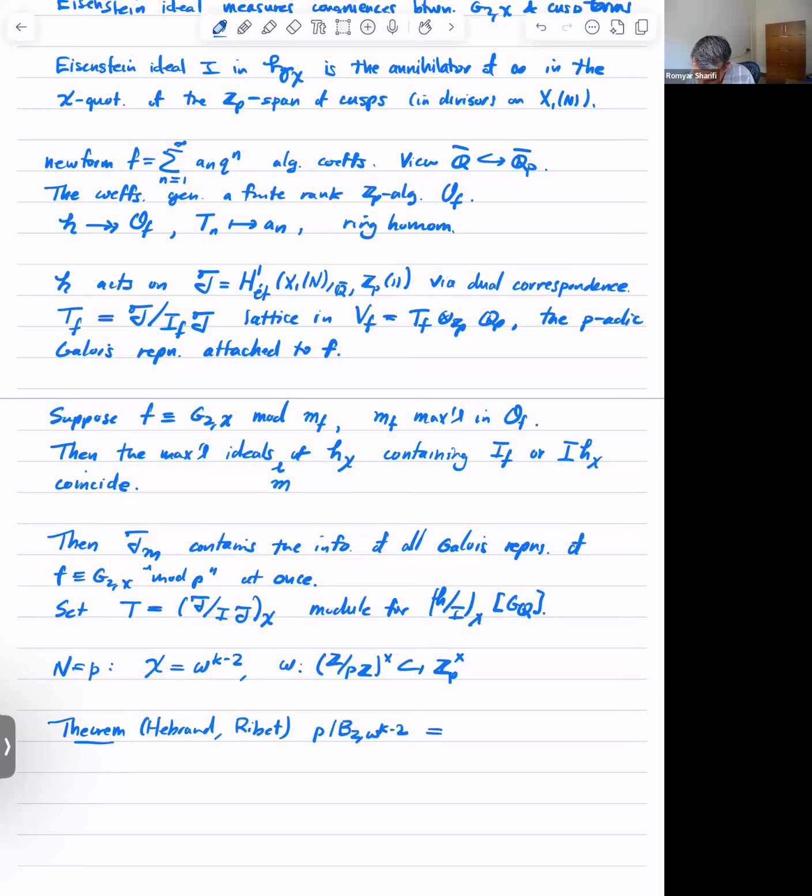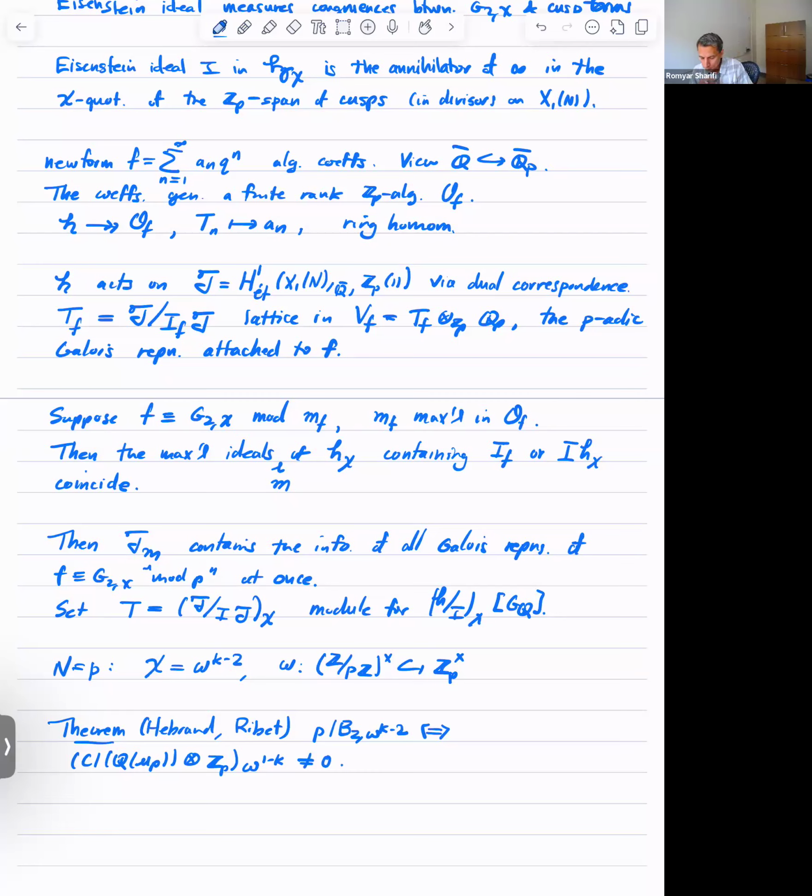So P divides this Bernoulli number if and only if the P part of the class group of Q(mu_P), in the part on which Galois acts through the (1 minus k)th or (P minus k)th power of this character omega, is non-zero.